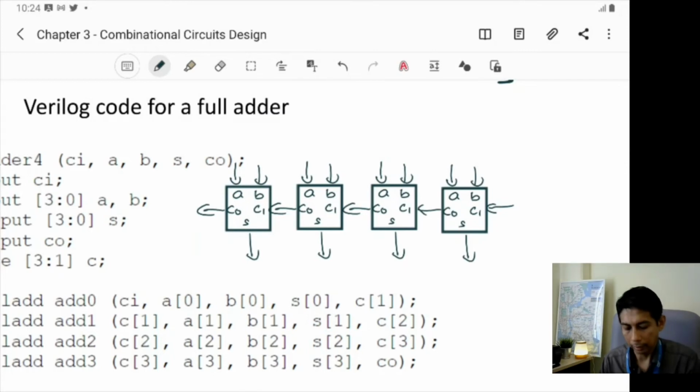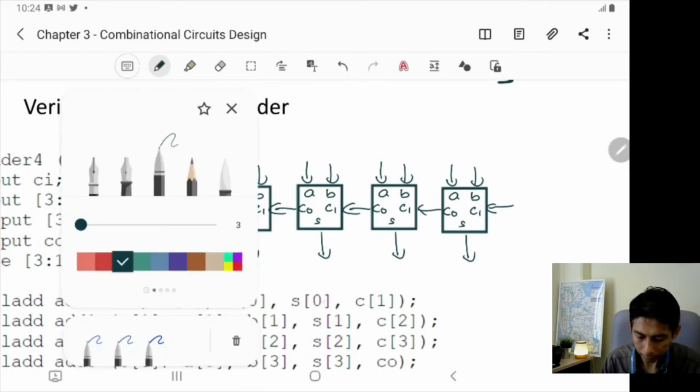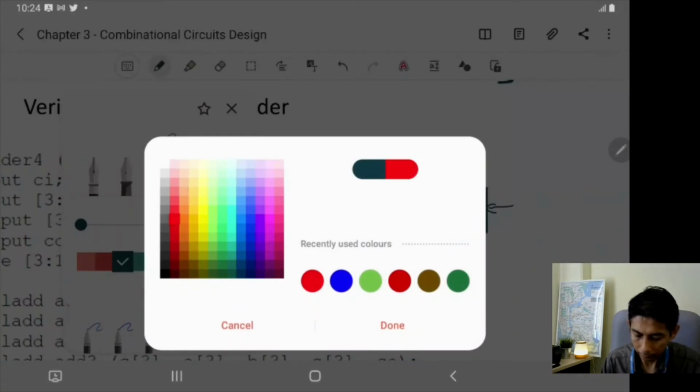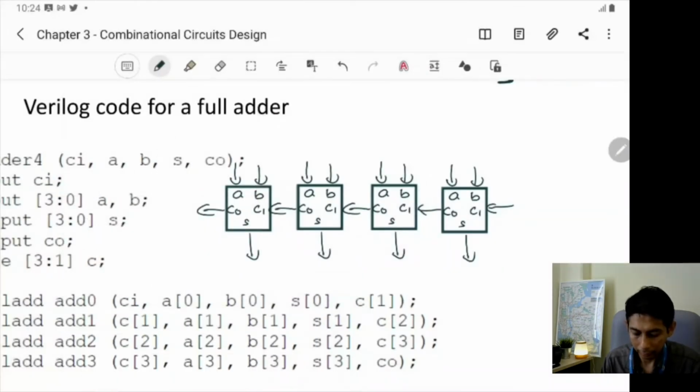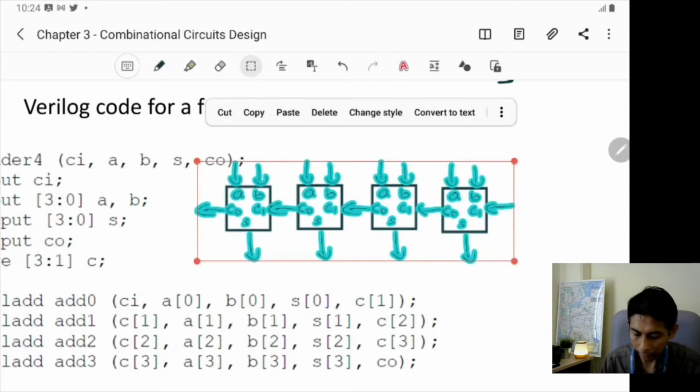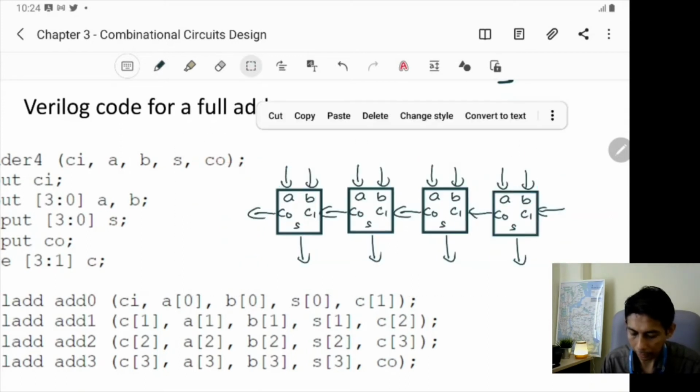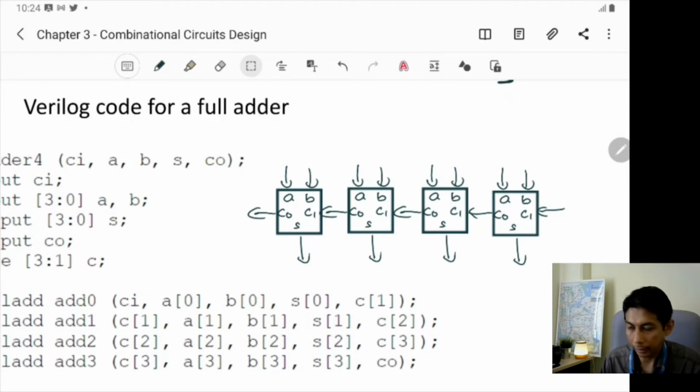And we have 4 bit now. So you see, when we use hierarchical design methodology, we can create the bigger circuit using the smaller circuit. And in this case, this one we call a new circuit.